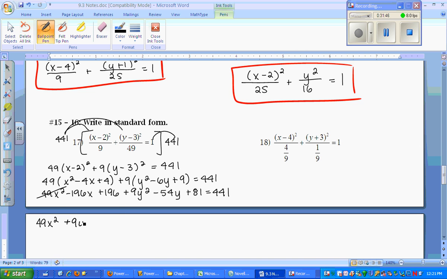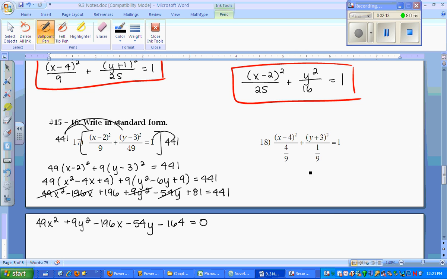So 49x squared plus 9y squared minus 196x minus 54y. 196 gets added to 81, and then to move the 441 over to the other side, you subtract it. And so altogether, you should get negative 164, and it's equal to 0.